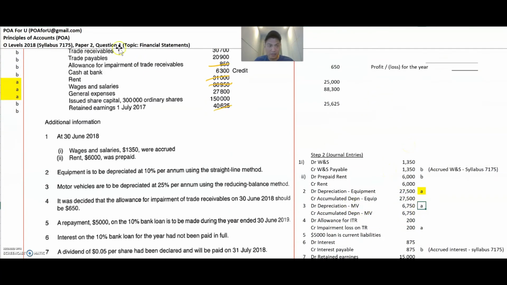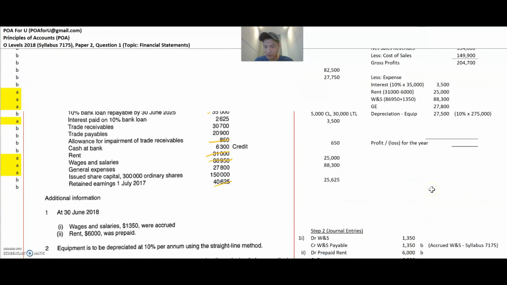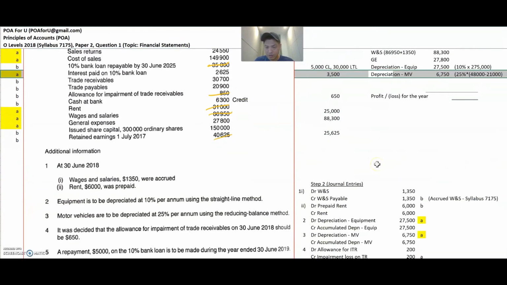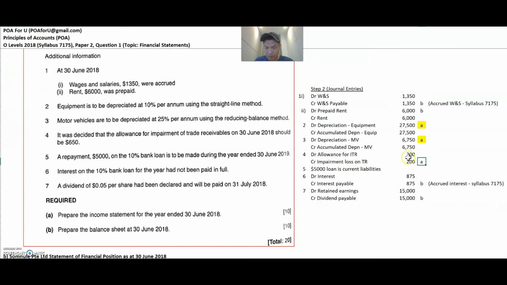The next part is the depreciation for motor vehicles. I'm going to mark it, and then I'm going to put here the reducing balance method workings. All right, so I'm going to look for any more A's here. Yes, I got one more A here, impairment loss. And notice that this is a credit, not a debit. Expenses are debit in nature and income is credit.